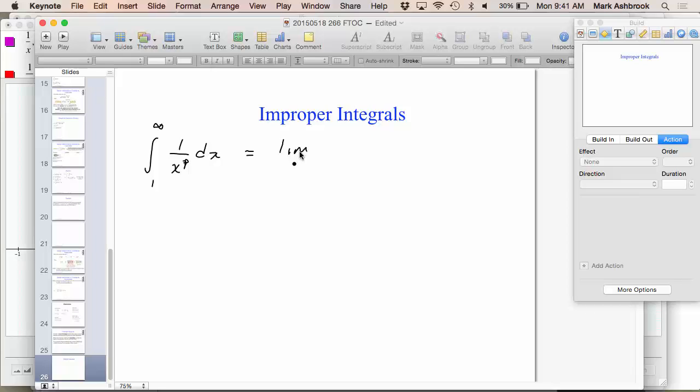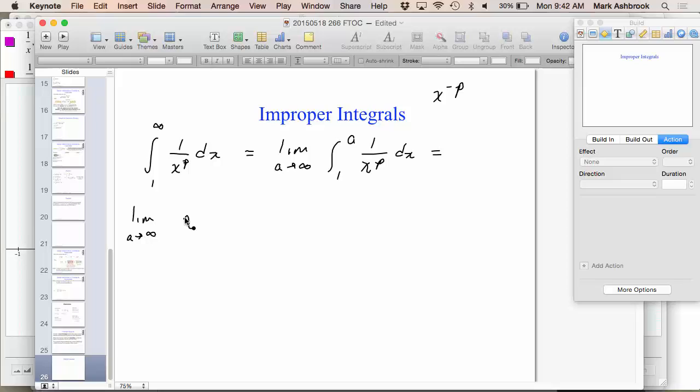So we have the limit as a goes to infinity, 1 over a. So the antiderivative is, what will it be? We're going to see that as x to the minus p. That's our rate function, right?